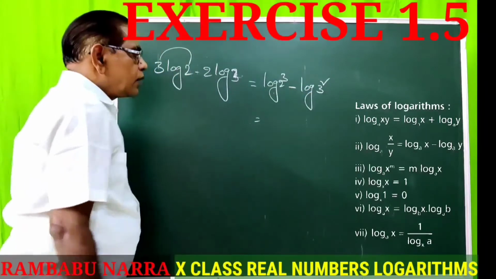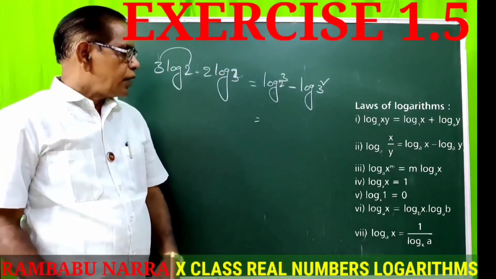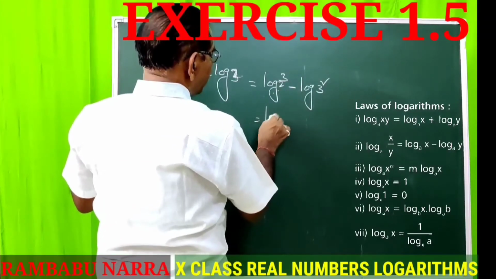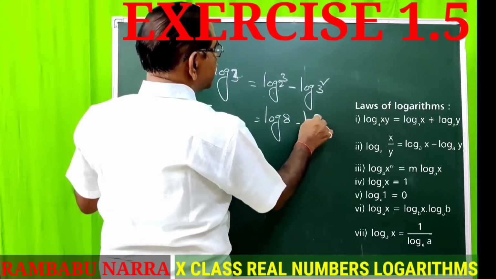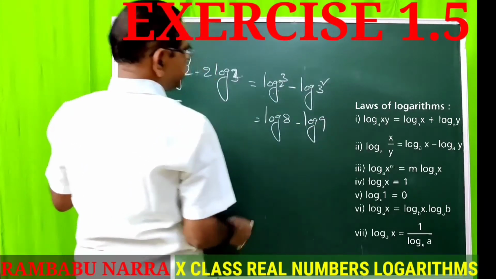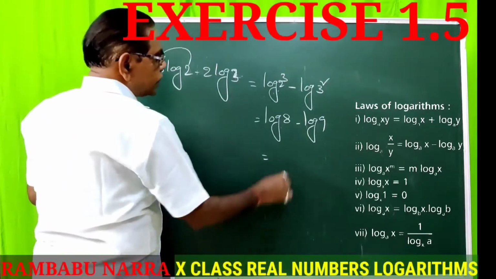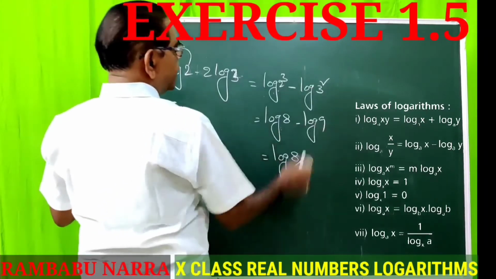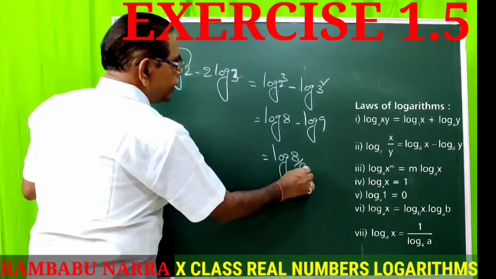It is nothing but the formula log a minus log b. First you simplify: log 2 cube is 8, minus log 3 square is 9. Therefore log a minus log b is nothing but log a by b, log 8 by 9.